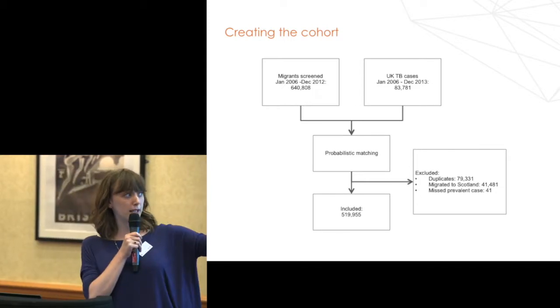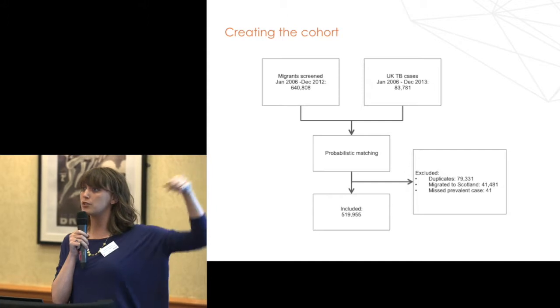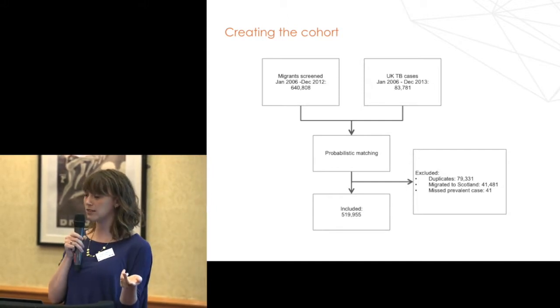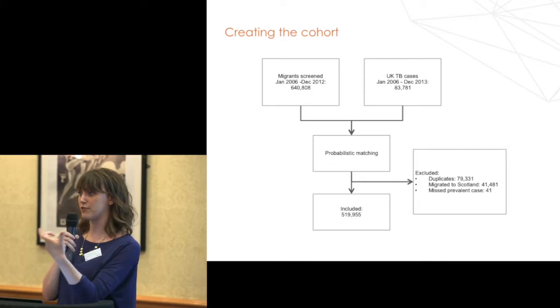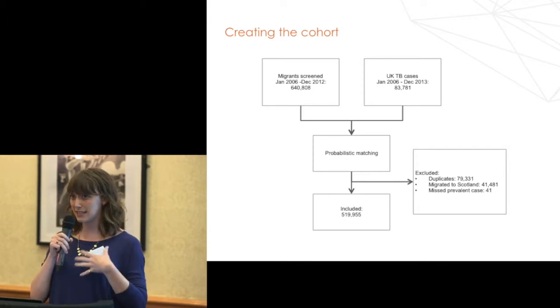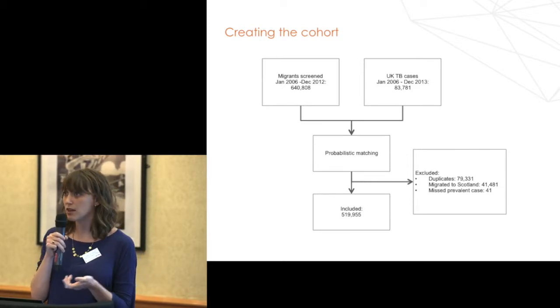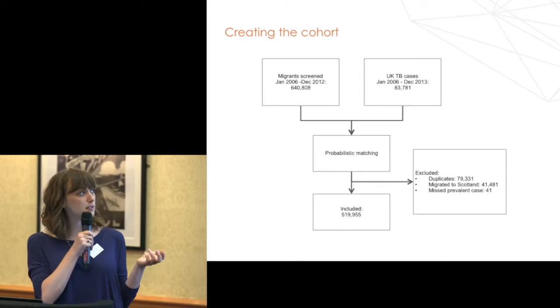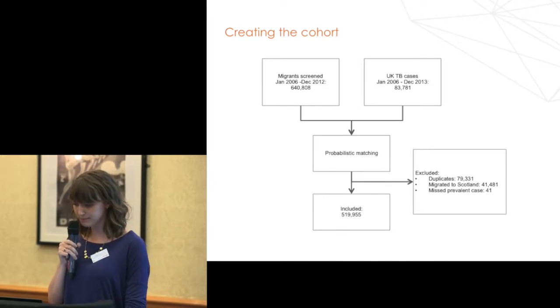We excluded duplicates and those that migrated to Scotland, because the TB case notification data is only for Wales, Northern Ireland, and England, as well as missed prevalence cases, so people who got TB within those first 6 months. With the natural history of TB, you can have latent TB, which can then reactivate and become active TB, so it's possible to miss those cases. We included in total about 500,000 migrants.